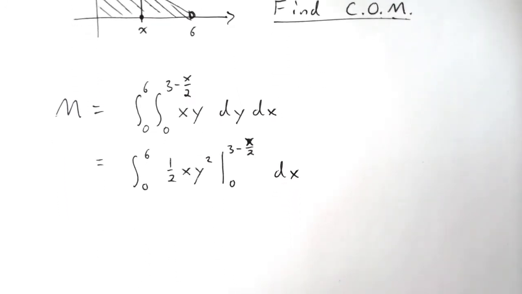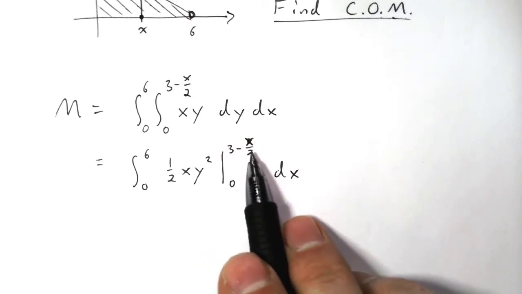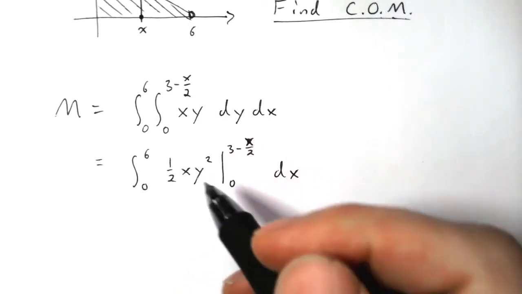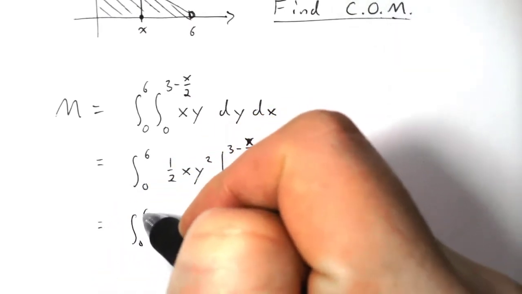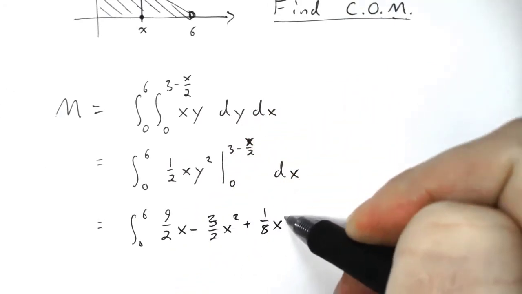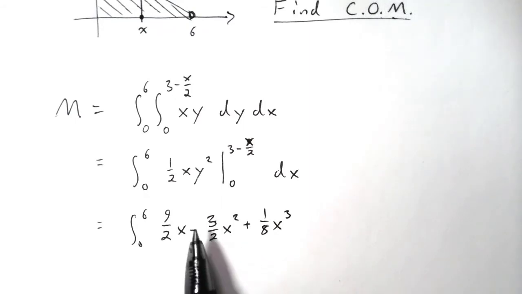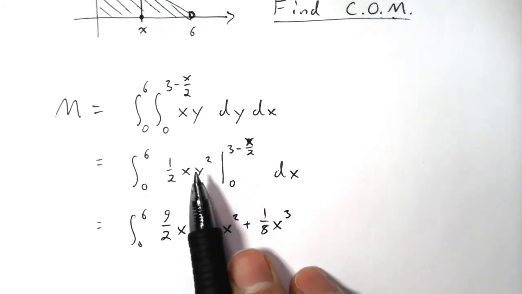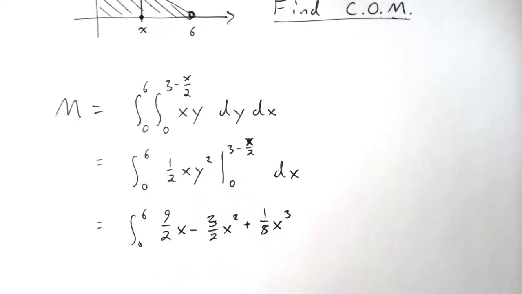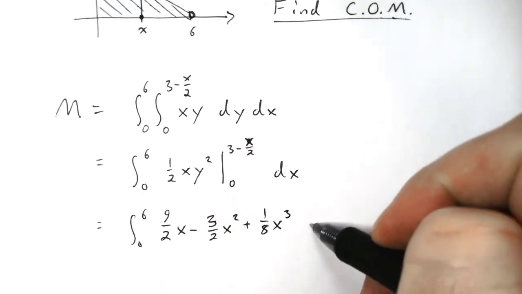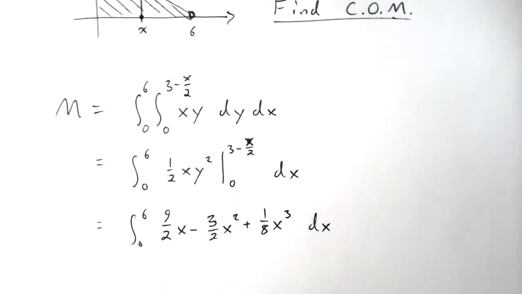Okay, so when you plug in 3 minus x over 2 for y and expand it out, there's a little bit of work to be done there, but simple arithmetic and algebra will get you here. When you plug in 0 for y, well, you get 0. So this is what we get. All right, so there we go.